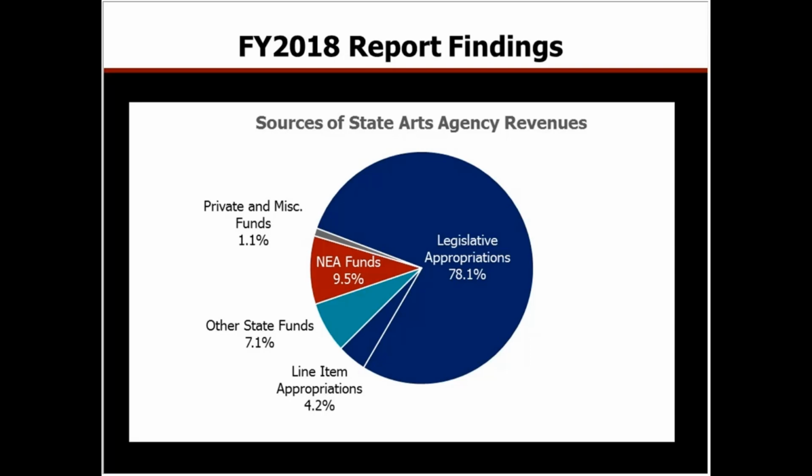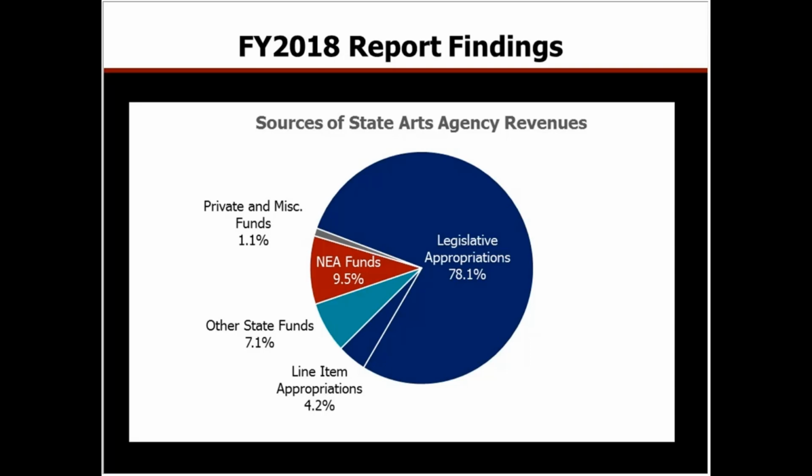Now, 4.2% of the pie comes from line items, and these are funds designated by the legislature for other organizations or other arts organizations that pass through the state arts agency budget. Now, 7.1% of this are what we call other state funds.